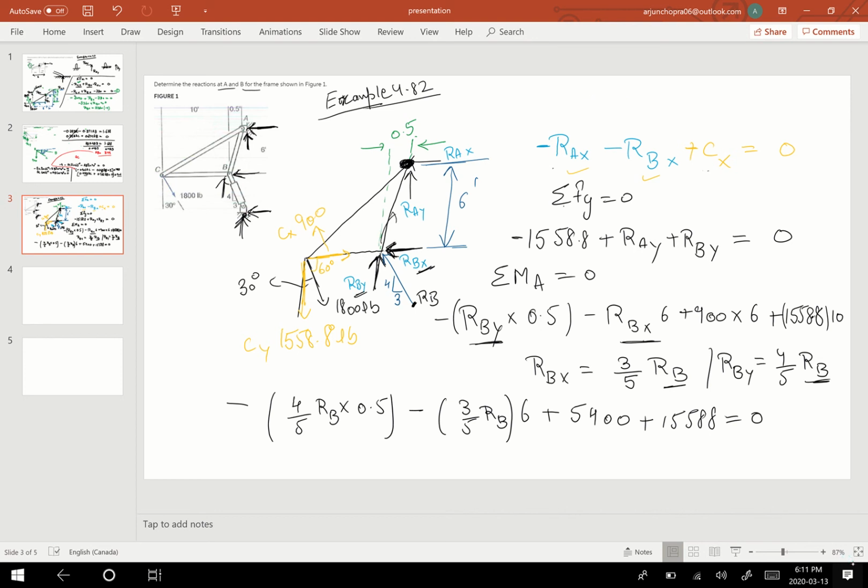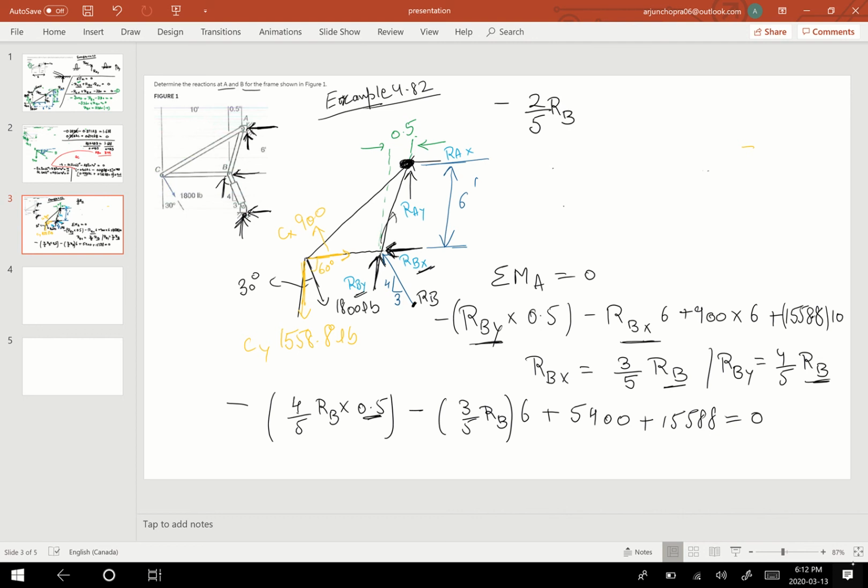First of all, I'm going to erase this section so that I have space. If I do the calculation, this times this becomes 2 over 5 RB, negative, and minus 6 times 3 is 18 over 5, negative.